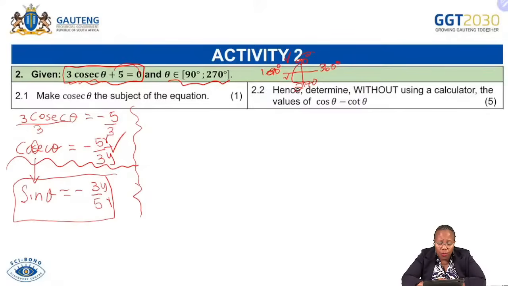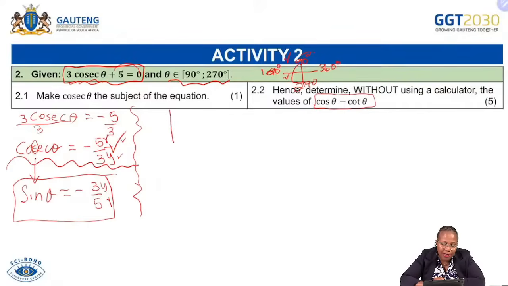So 2.2, hence determine without using a calculator the value or the values of cos theta minus cot theta. Remember now, you cannot just answer this question until you have all your values, because cos is x/r, whereas here we have only y and r. So in order to find that, you need your diagram, grade 12.